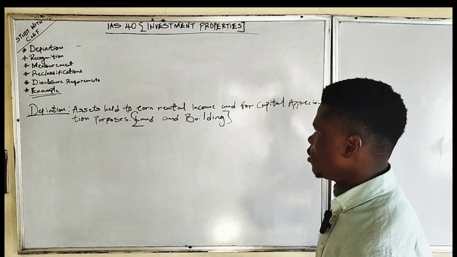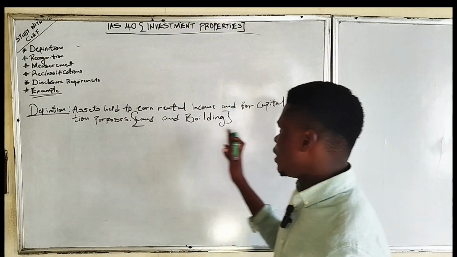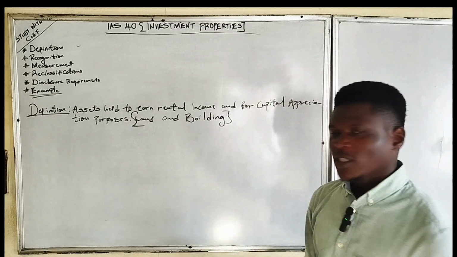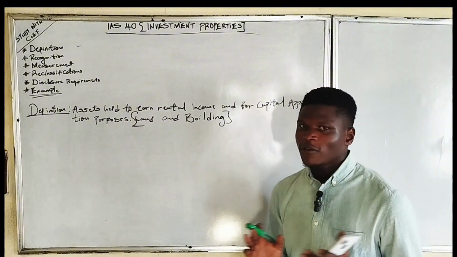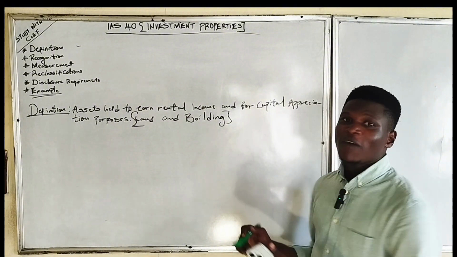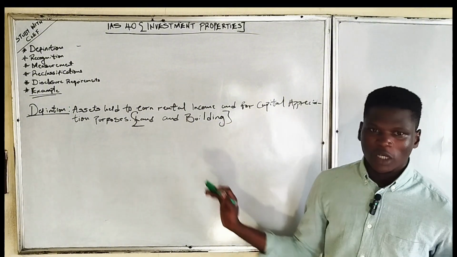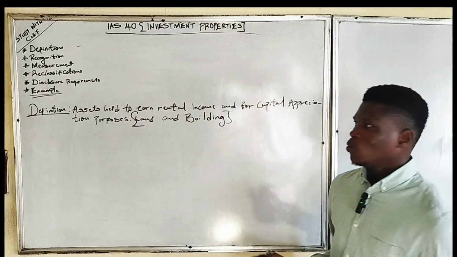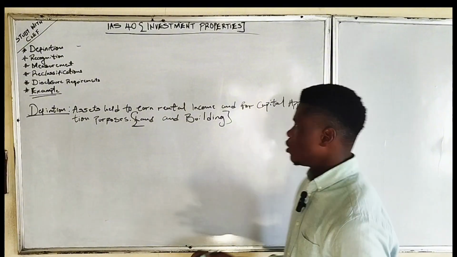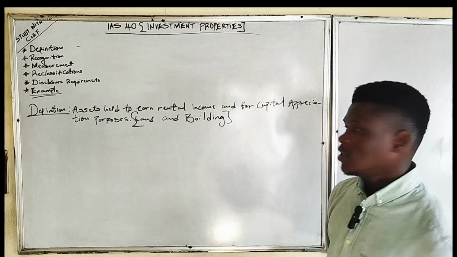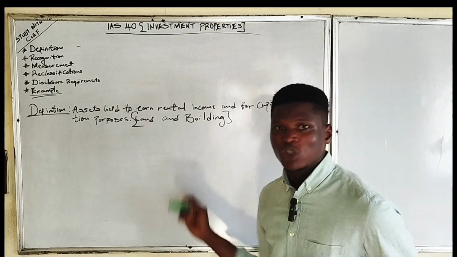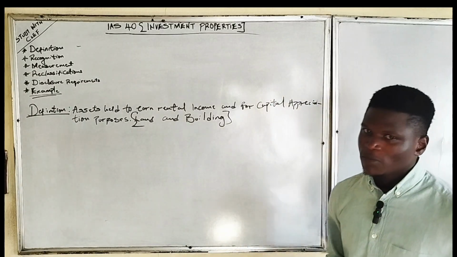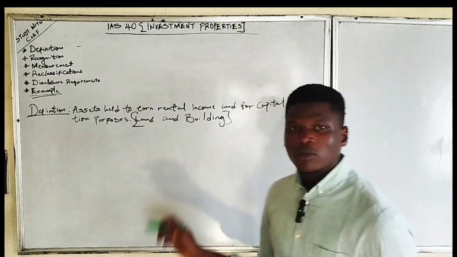So just like we have it here, land and building are examples of investment properties. Part of land can be regarded as IAS 40, and also we may have a building. I'm just trying to explain this better so that we get the concept. For example, we have a big building where we use part for administrative use and also use another part for investment purposes, like for rental and the likes.